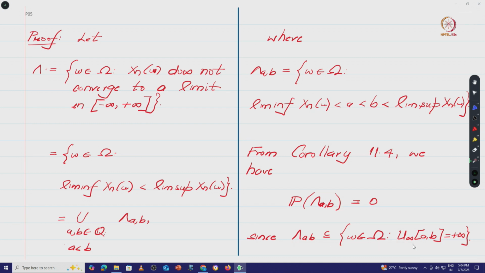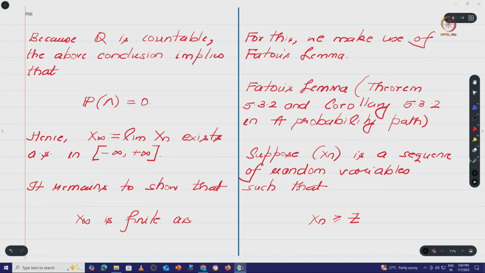And in the previous corollary we have seen that the probability of this event is 0 for any A, B, and hence the probability of Lambda AB must be 0. From this and the fact that the set of rational numbers is countable, one can conclude that the probability of Lambda itself is 0.